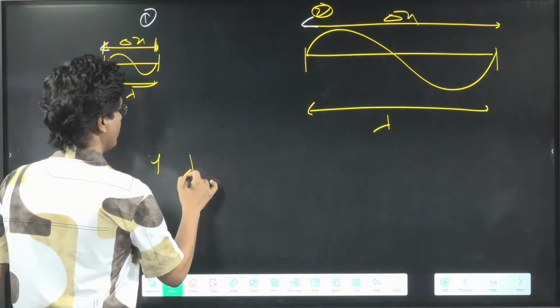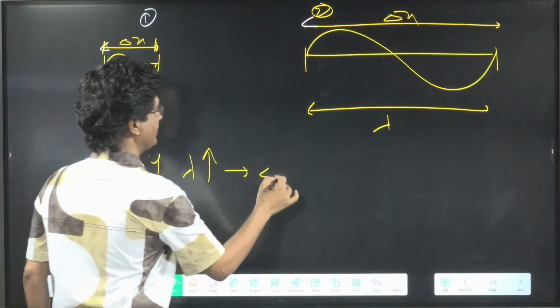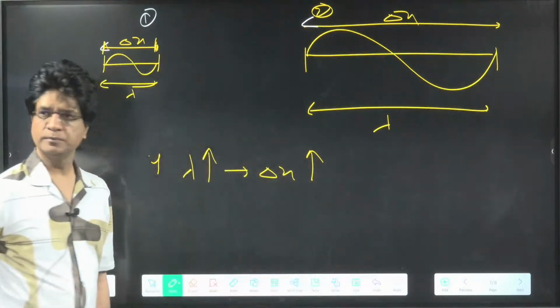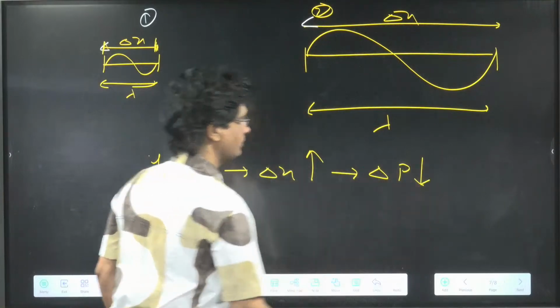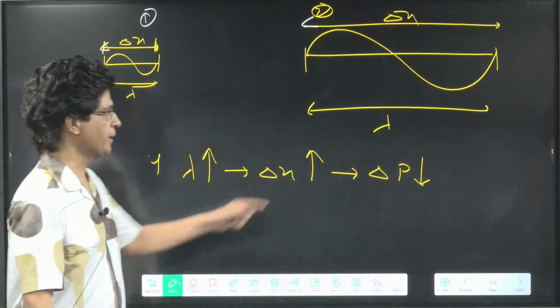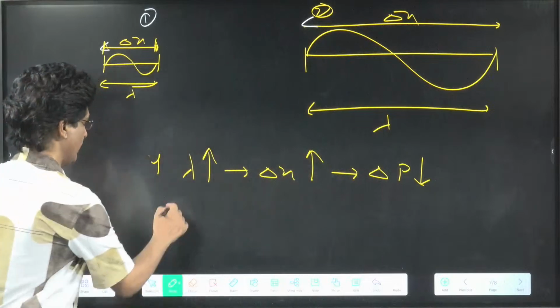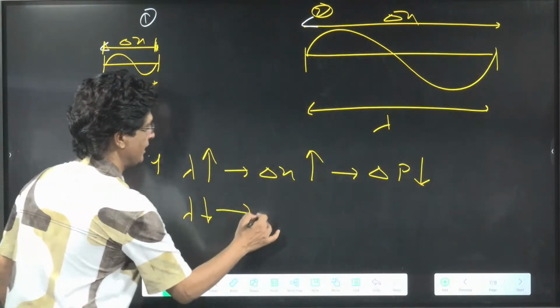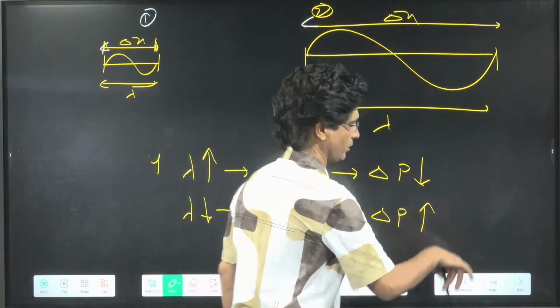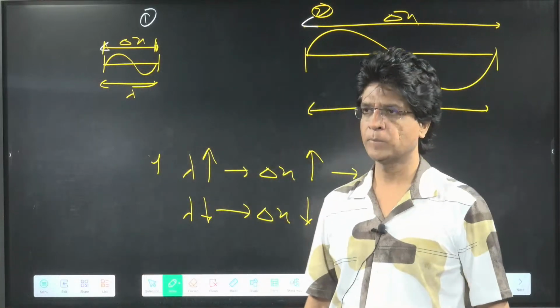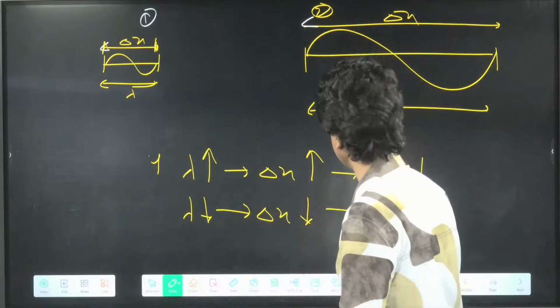So can I say from this discussion that if lambda is high, then delta x is also high, and in that case delta p will be low. Uncertainty in the momentum will be lesser, and if lambda is smaller, delta x is also smaller, and that means delta p will be more. Getting it? So I have a question for you people.